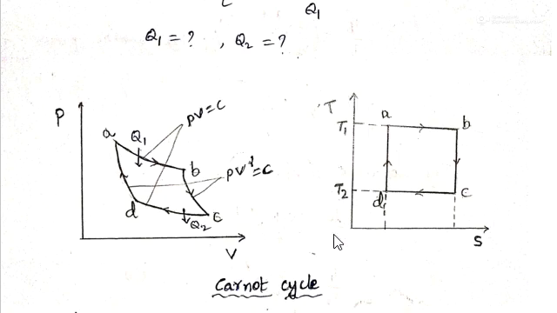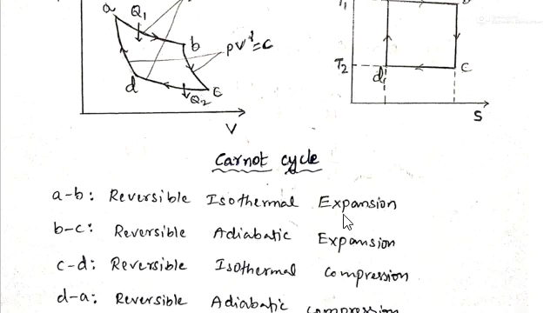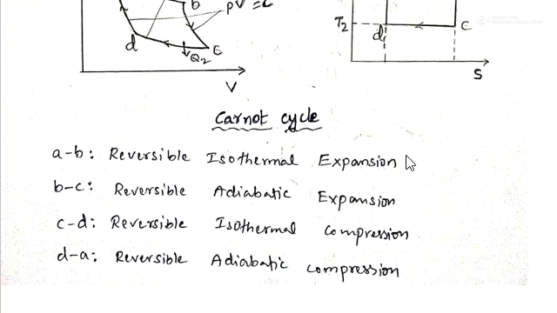In the TS diagram, that is the temperature-entropy diagram, A to B is an isothermal process, so TA equals TB equals T1, that is the higher temperature, and CD is also an isothermal process, so TC equals TD equals T2, the lower temperature. So A to B is a reversible isothermal expansion, B to C reversible adiabatic expansion, C to D reversible isothermal compression, and D to A reversible adiabatic compression.